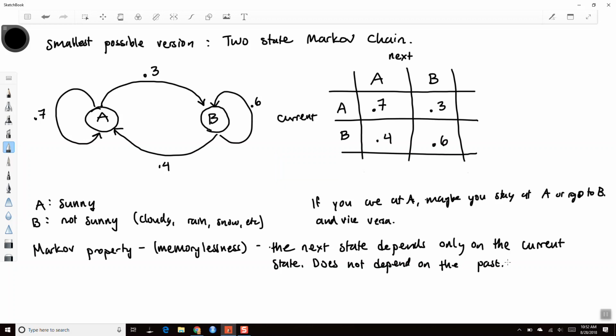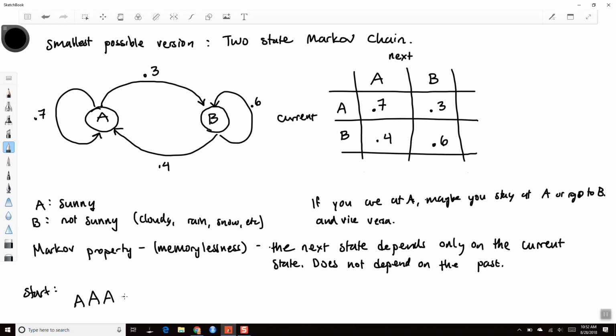Okay, and so basically, you know, we would just start at some arbitrary state, maybe A, and then we would go, okay, let's see, do we stay at A or do we go to B? You know, you draw something, and maybe you get another A. You say, do I stay at A or do I go?